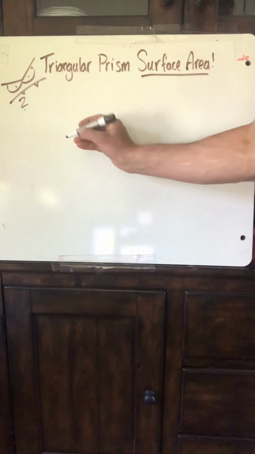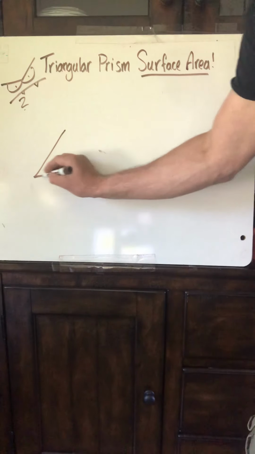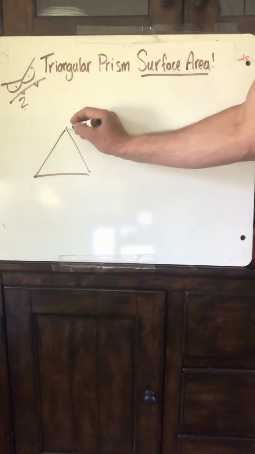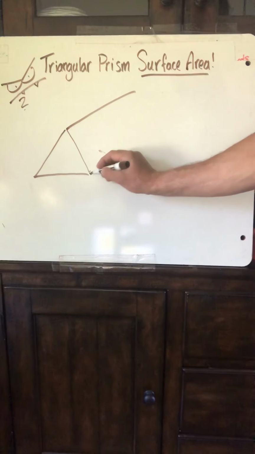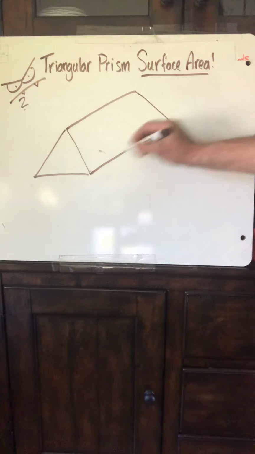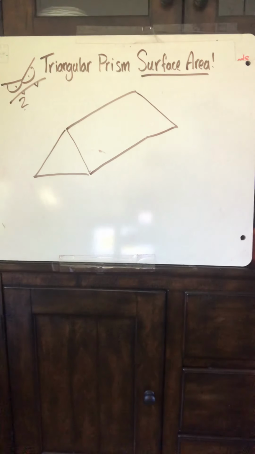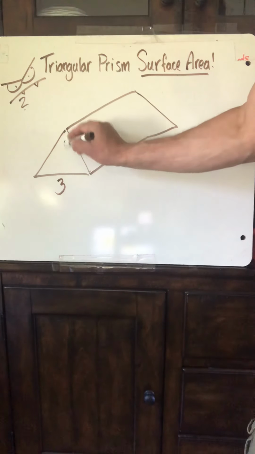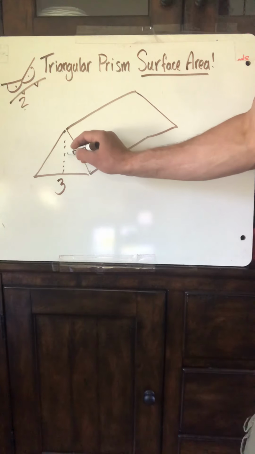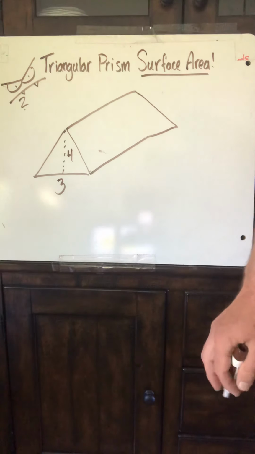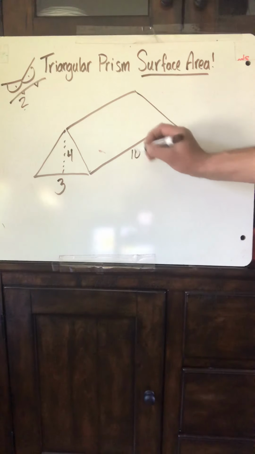They are going to give you the solid shape, and you need to figure out how this will work. So they give you something like, I don't know, 3, let's make this something crazy, 4, and let's make this 10.